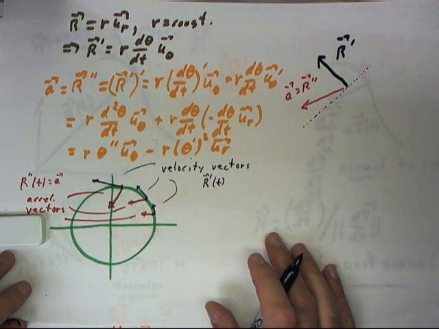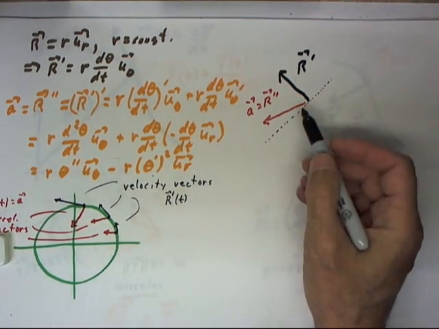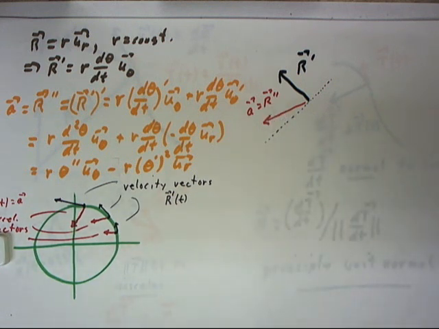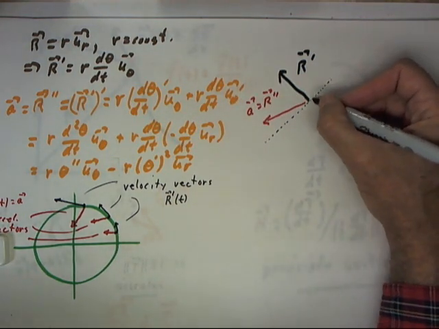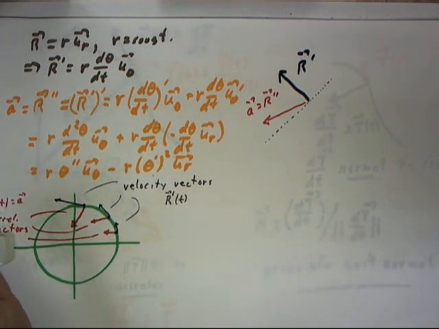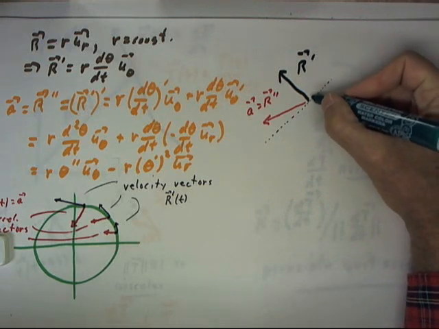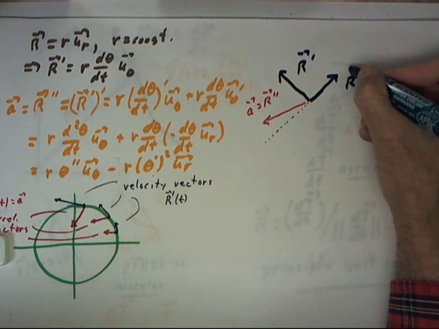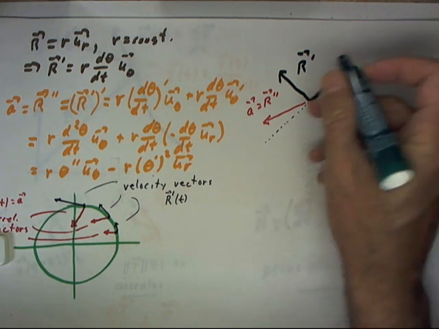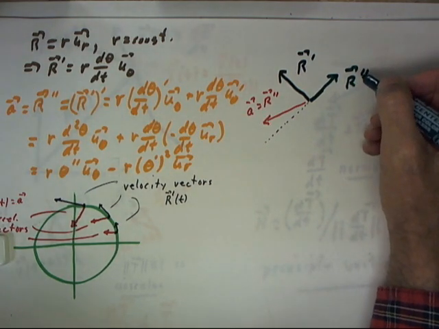If we look at a typical r prime vector and an acceleration vector equal to r double prime, I'm sorry, r double prime, our acceleration, and this is not r double prime.